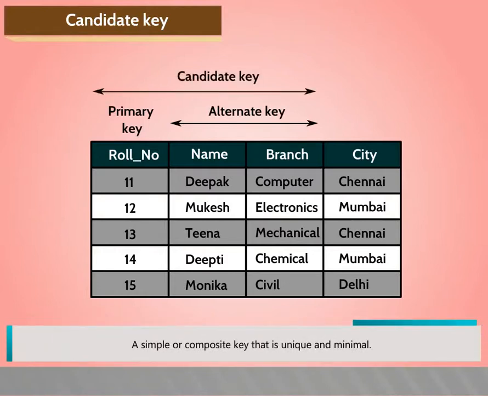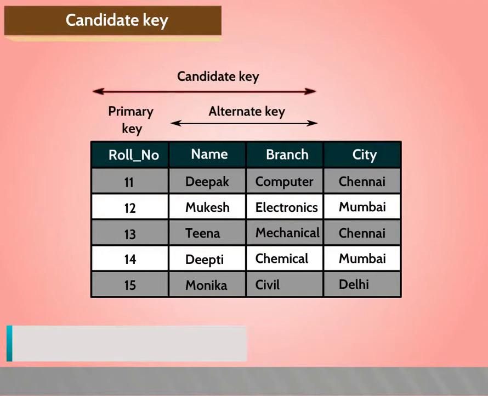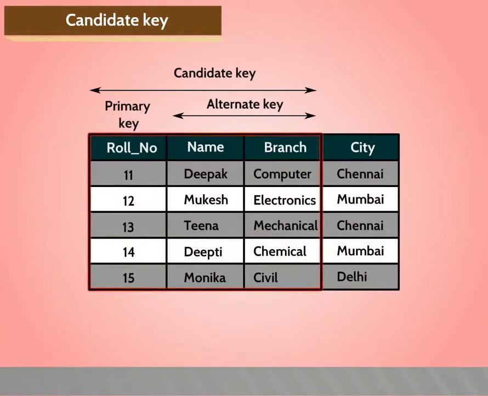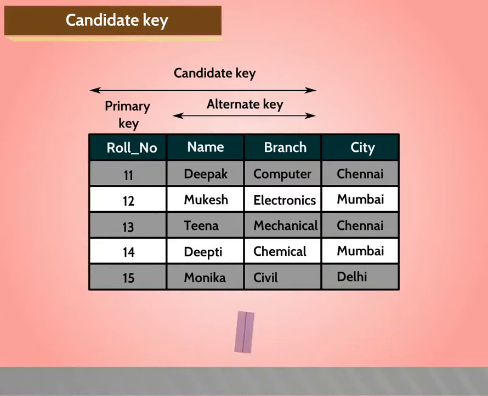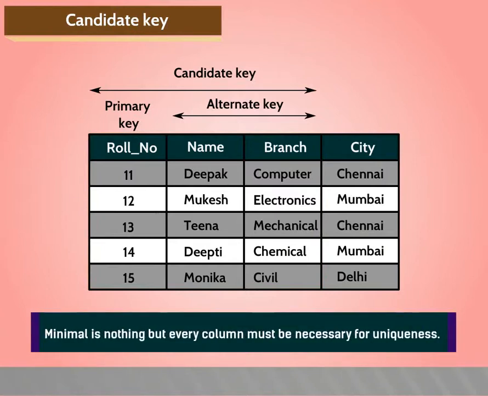Candidate key. A simple or composite key that is unique and minimal. Unique means no two rows in a table may have the same value at any time. Minimal means every column must be necessary for uniqueness.